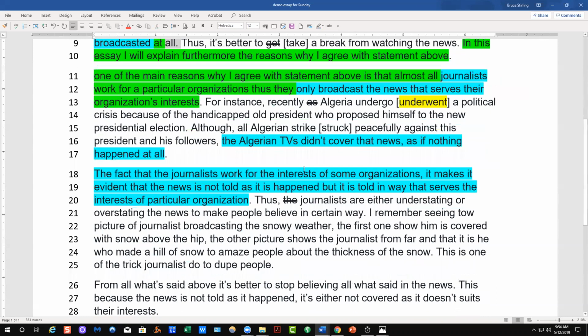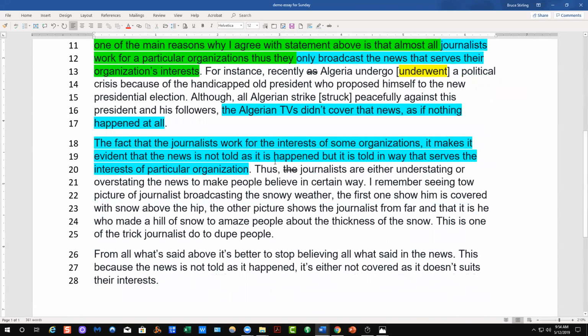Okay, how about the next paragraph? The fact that journalists work for interests of some organizations. Like, what are we talking about? TV organizations, TV stations. It makes evident that news is not told as it happened, but it's told in a way that serves the interests of a particular organization. This is too general.